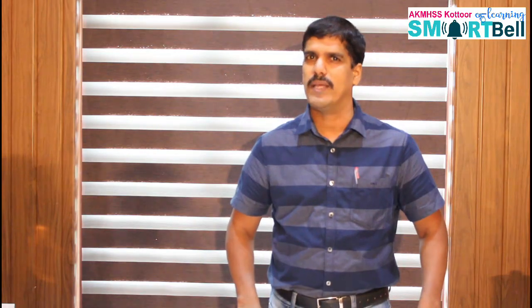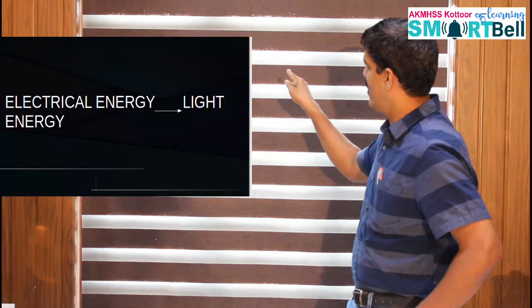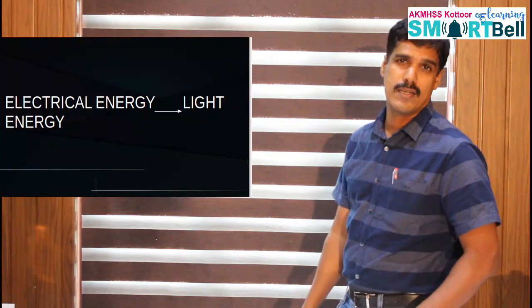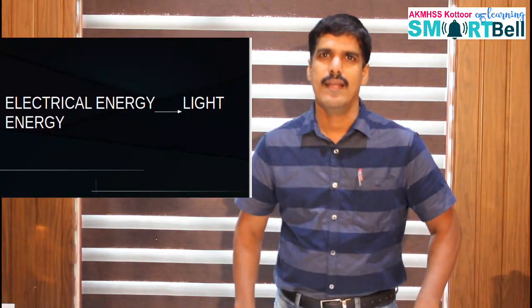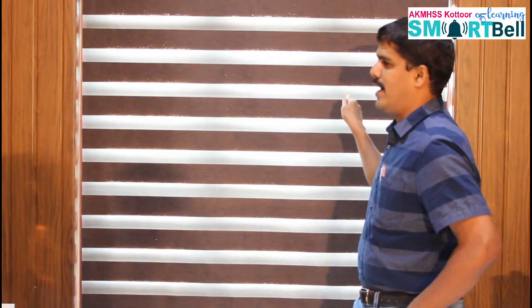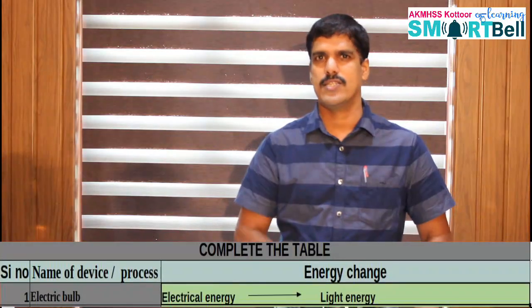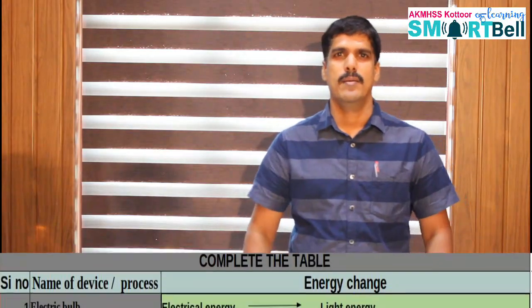How? You need to write electrical energy first, then an arrow mark, and then light energy. This you need to read as electrical energy is converted into light energy. So this is the energy transition that is happening with a bulb.